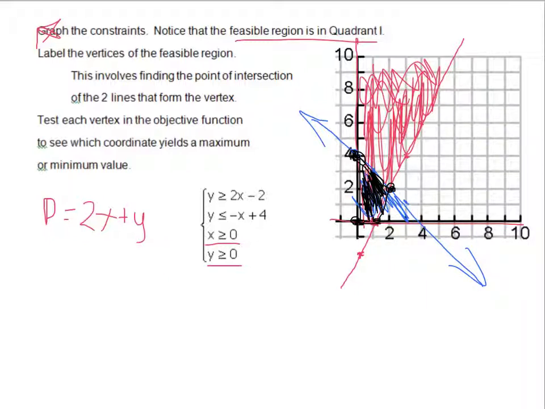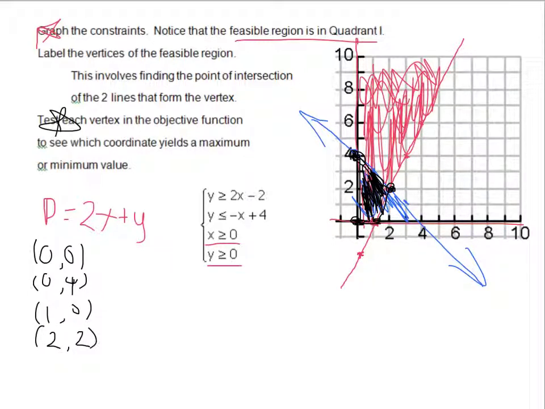Alright, so now what I'm going to do is test each vertex in the objective function. So let me write those down. They are (0, 0), (0, 4), (1, 0), and (2, 2). Alright, and I'm just going to plug in each x and y pair into the objective function.